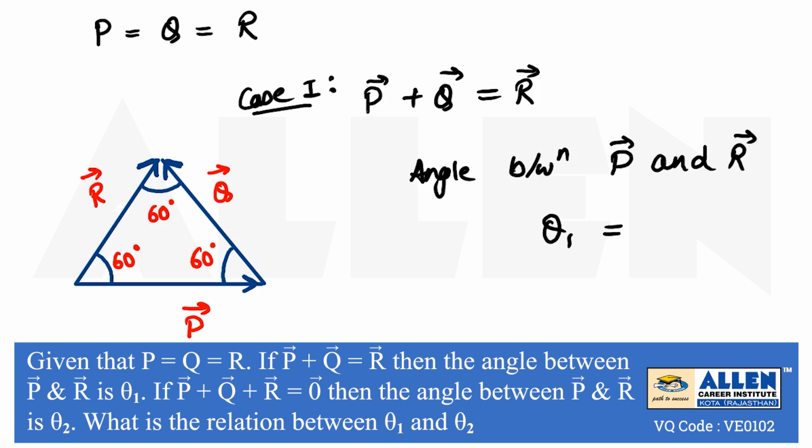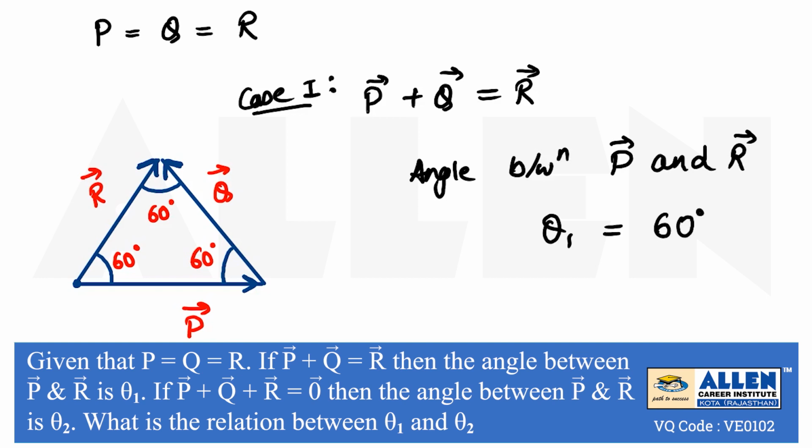P vector and R vector meet at this point. At this point the tails of both vectors coincide, so the angle represented here, 60 degree, is the angle between R vector and P vector. Therefore theta 1 is equal to 60 degree.